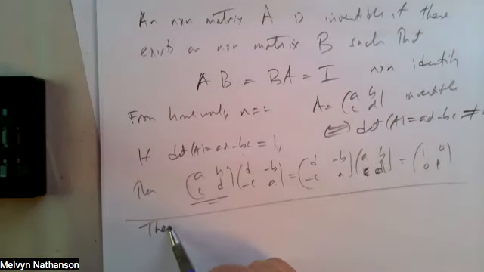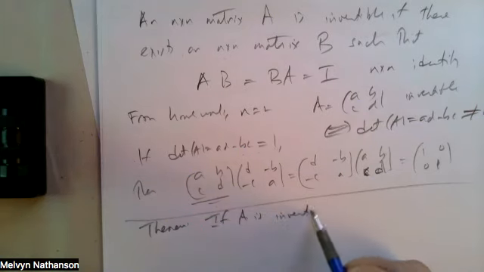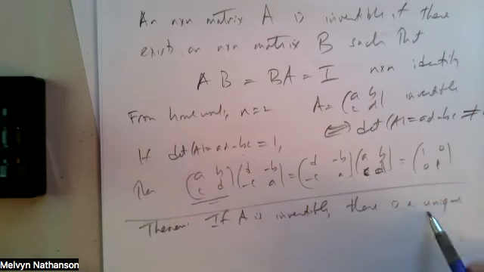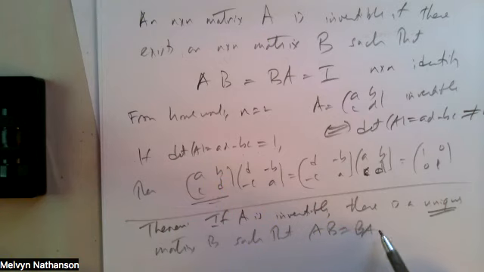But what is true always is if A is invertible, its inverse is unique. There is a unique, that means one and only one, matrix B such that AB equals BA is the identity.